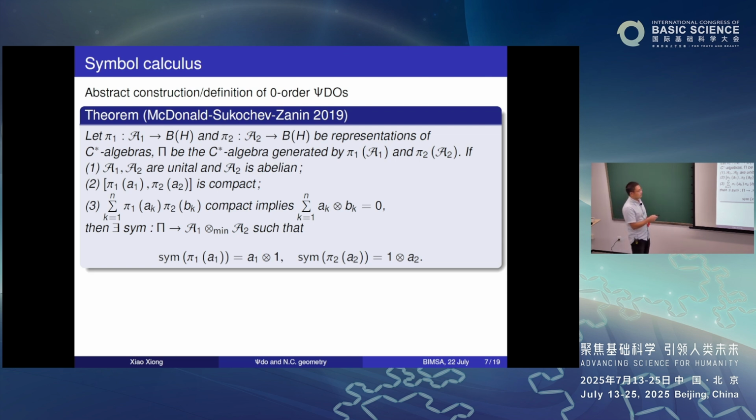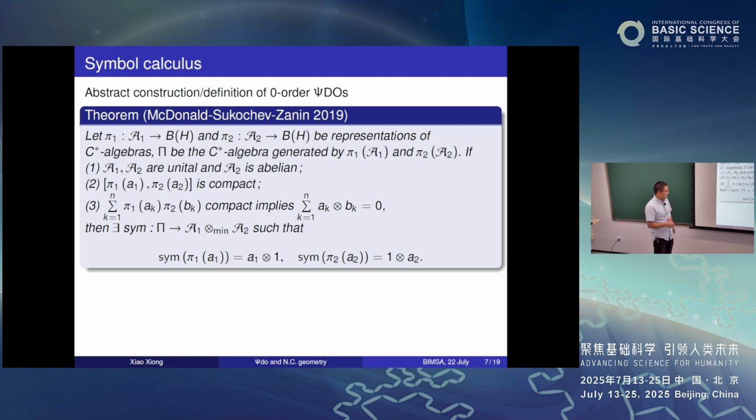If we assume these three conditions, then the result is that there exists a star isomorphism, which I denote by sym, an abbreviation for symbol. Then the map is defined, and it satisfies these two conditions. Okay.